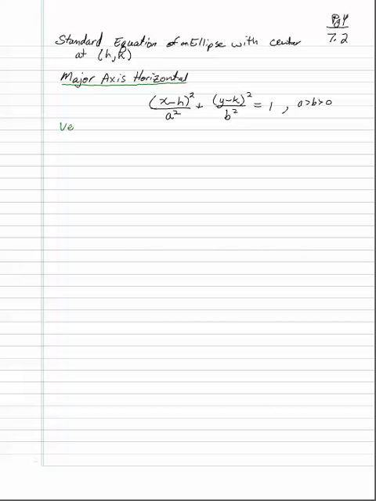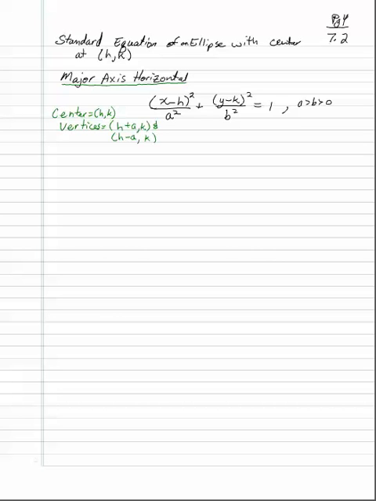So the vertices now, what I was saying earlier is, when you do the plus a, minus a, you're doing it along the major axis from the center. So if the center is 0, 0, you're going to go a, 0 and negative a, 0. But now we moved the center to h, k, so the vertices are going to be h plus a, k, and h minus a, comma, k.